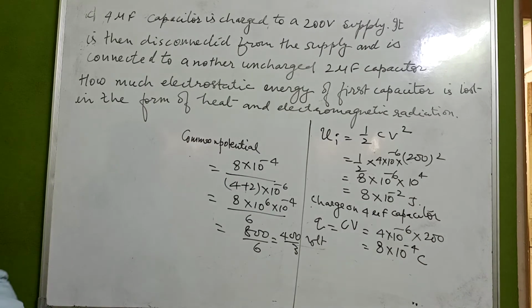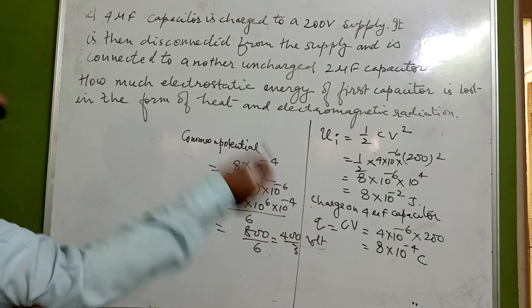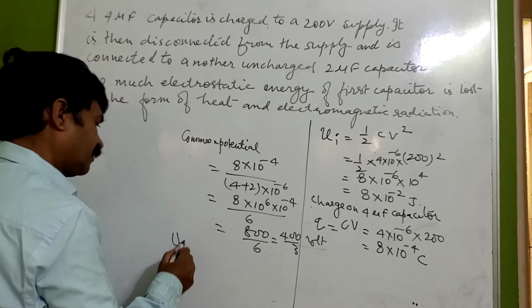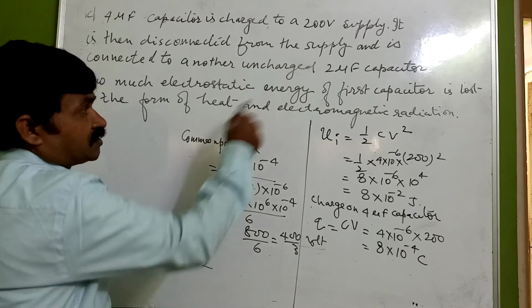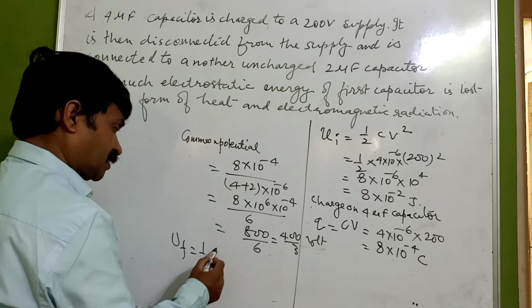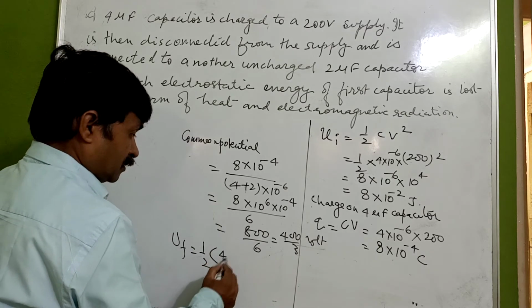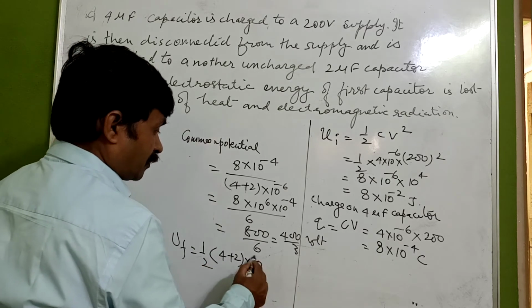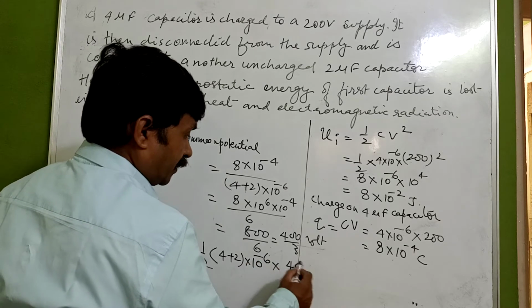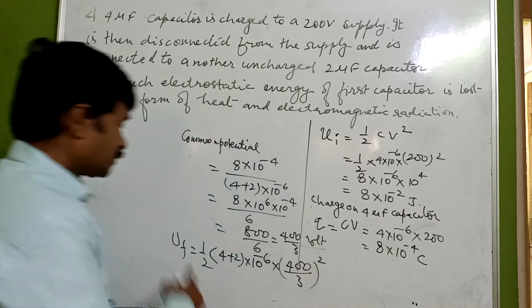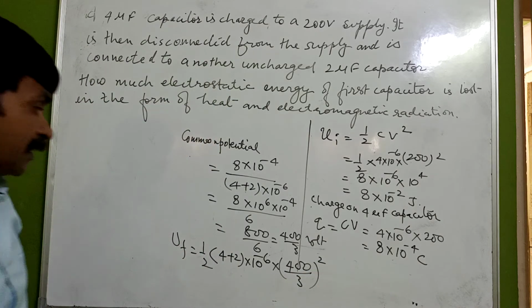So final energy, that is going to be UF equals half CV square, means you have to add these two capacitances, that is 4 plus 2 into 10 raised to the power minus 6 into 400 upon 3 whole square. This is the final energy which we are getting here.